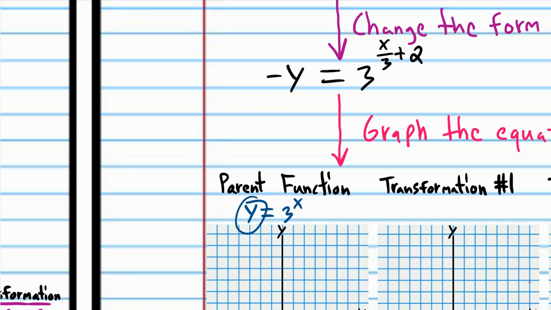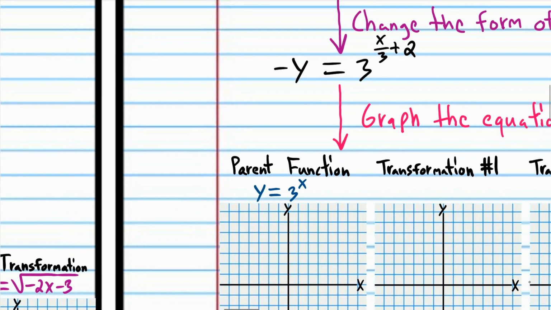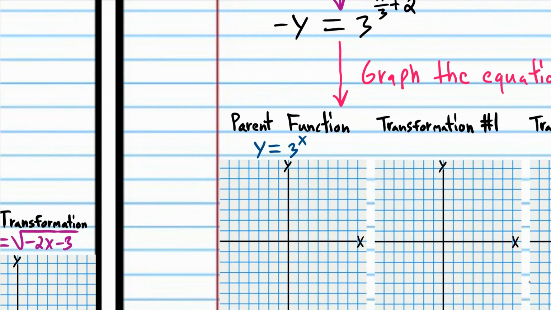Y can represent the outputs of a function. So we can just write y. That'll make it easier for us. And remember, exponential relations always have a horizontal asymptote. Plug in 0, get 1, plug in 1, get 3, so on and so forth. Connect the dots. You've done this many, many times.